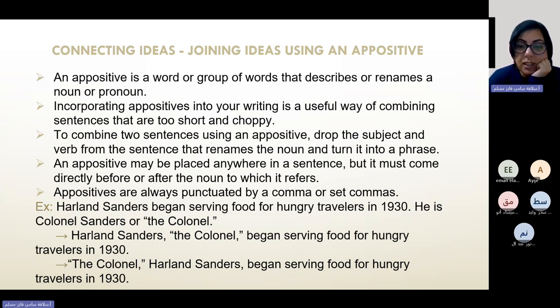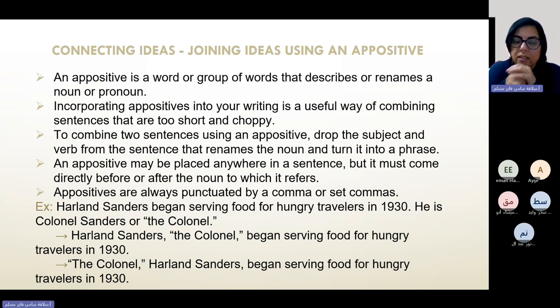All right, Aisha, did you fix your problem? Can you read the example? Yes. Okay. Harland Sanders began serving food for hungry travelers in 1930. That's an independent sentence. Or the colonel.